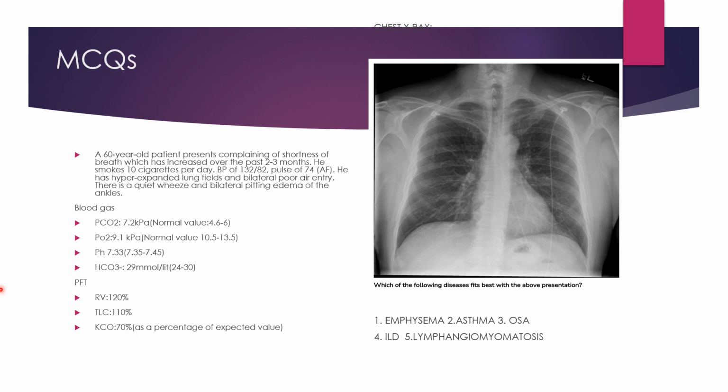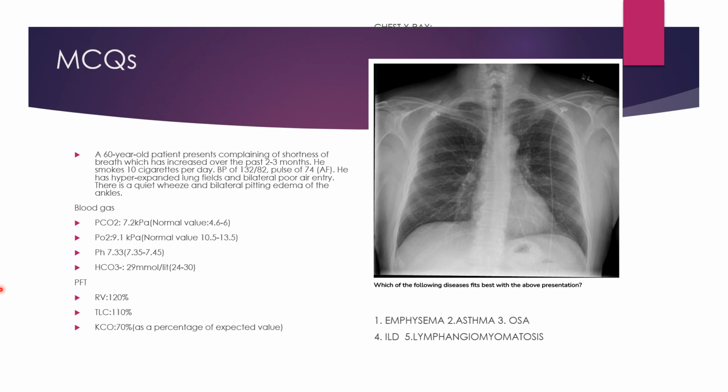Most of you might be confused with these percentages because in some questions they give the percentage as a percentage of total lung capacity, but in some questions they give the percentage as a percentage of the expected value.